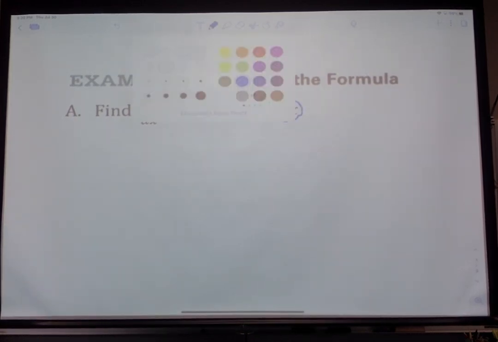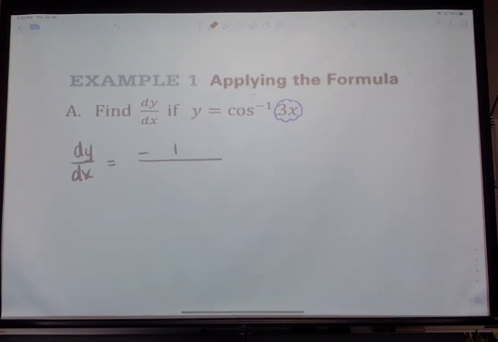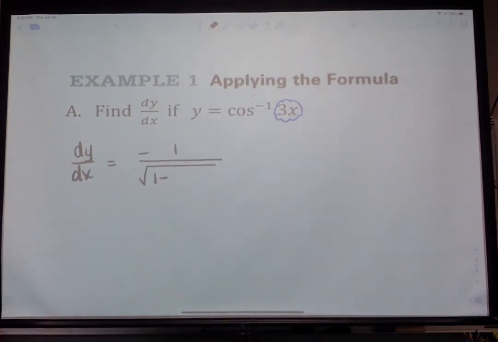Here we go. dy dx equals, well, cosine inverse derivative looks like this. And then whatever was in the problem is what gets squared.